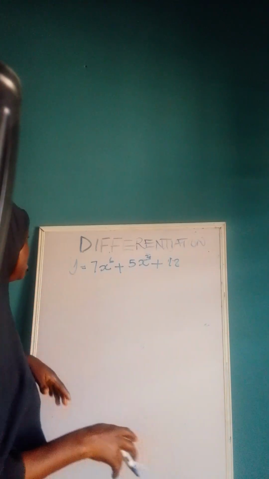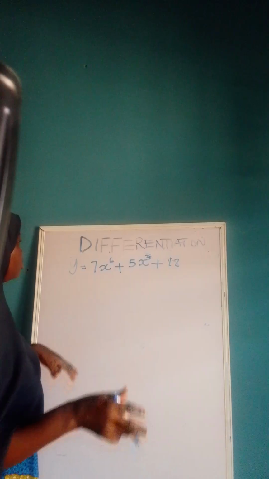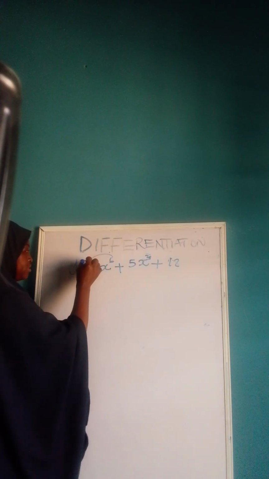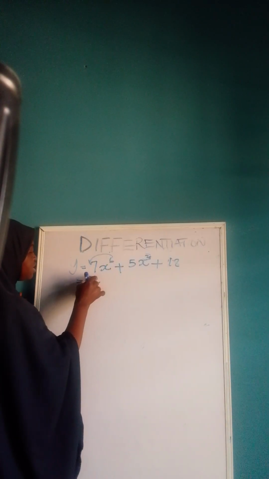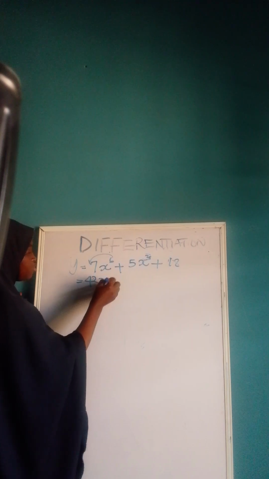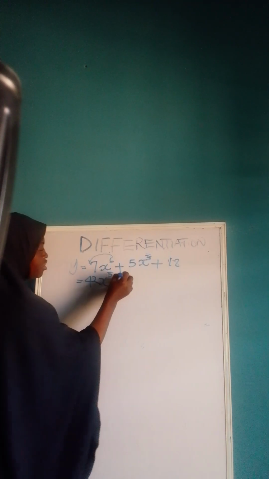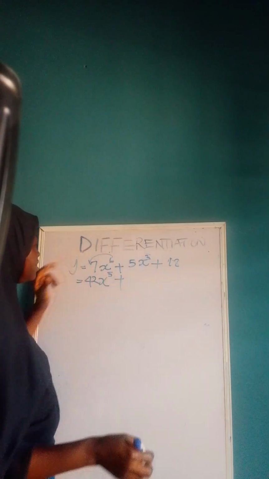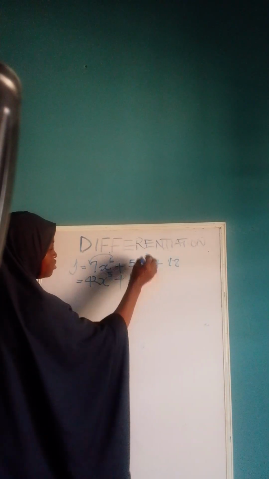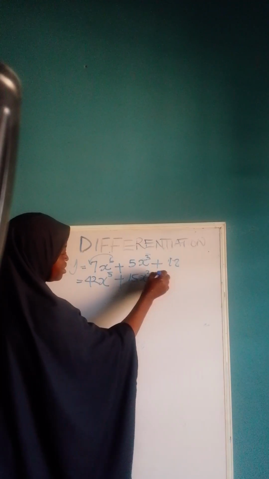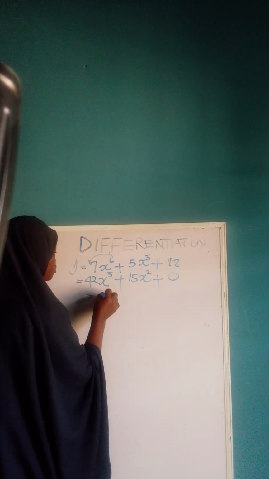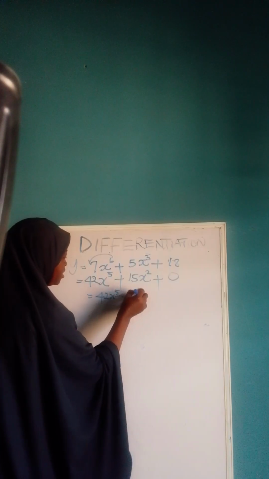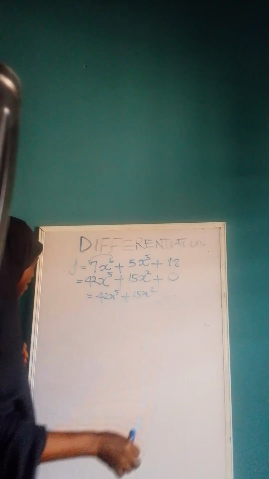You deal with them one after the other. You apply that law. You multiply this one by the power, which is 6 by 7. You have 42, and you reduce the power by 1. So x raised to power 6 minus 1, 5, plus this one, multiply this by this, you have 15, and reduce the power by 1. So you have x squared, and you know that this is a constant. The derivative of any constant is what? It is 0. So that's why you have the answer to be 42x raised to power 5 plus 15x squared. And that is that.